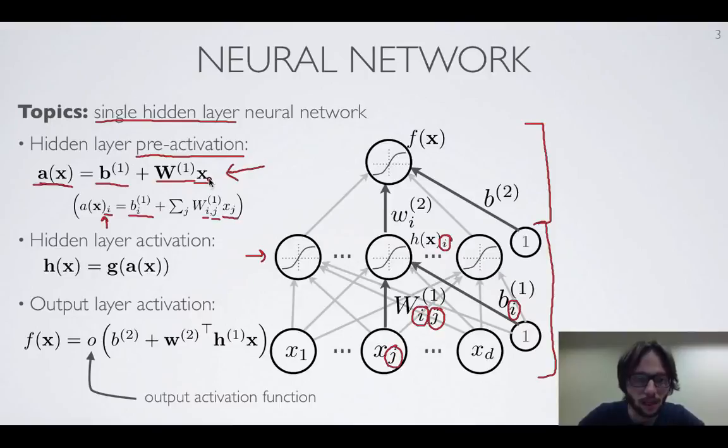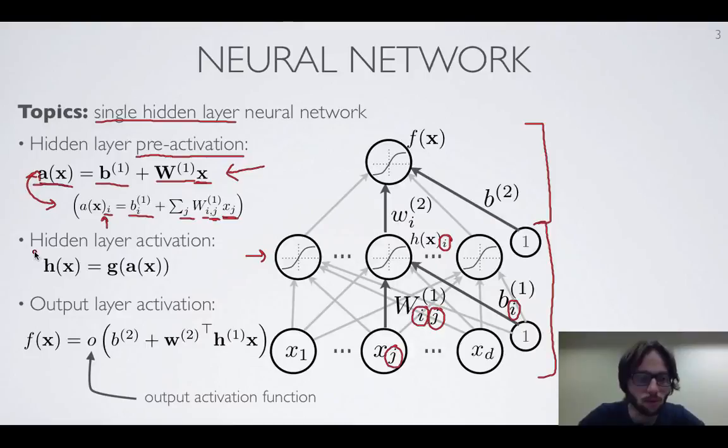So indeed, if we take x and multiply it by W, what we'll get is that for the ith row, we'll get a term which corresponds to the sum of all the elements over that row of matrix W1 multiplied by the corresponding elements in the vector x. Okay, so we see that this is actually equivalent.